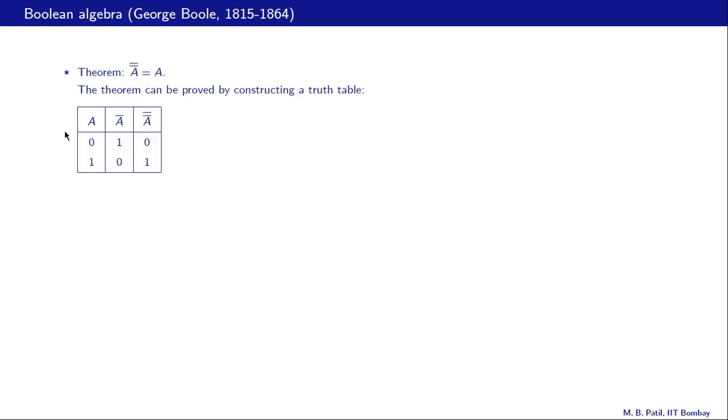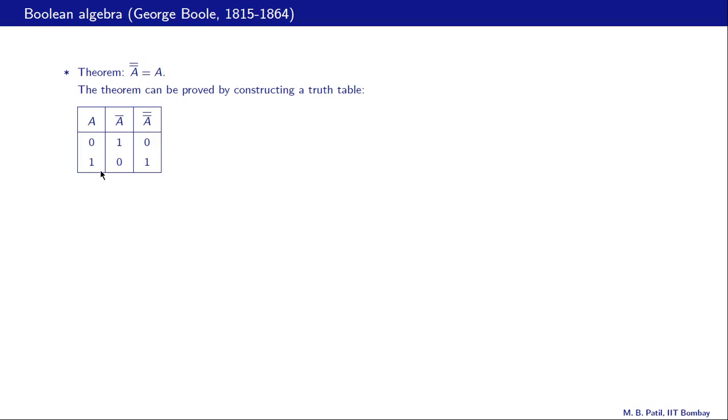The theorem can be proved by constructing a truth table. So we list all the possible values of the inputs. Here there is only one input, A, and therefore there are only two possibilities, 0 and 1. So A can be either 0 or 1. If A is 0, A bar is 1 and the bar of that, which is this column here, is 0.